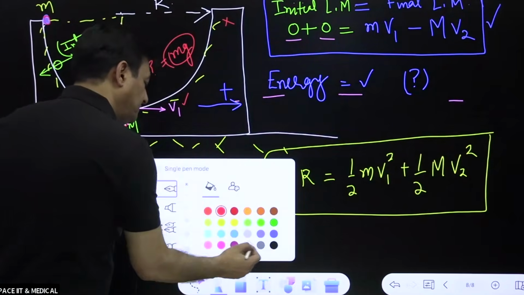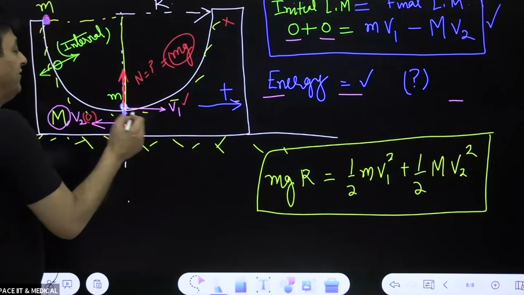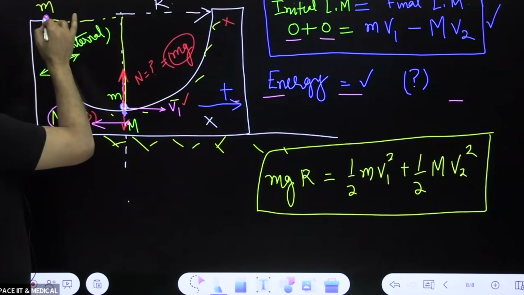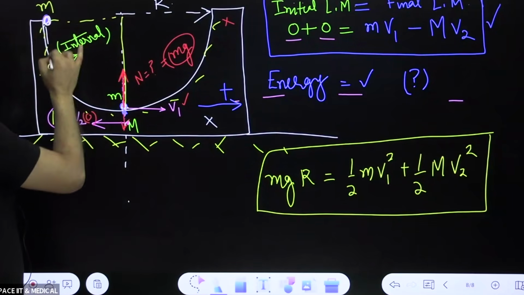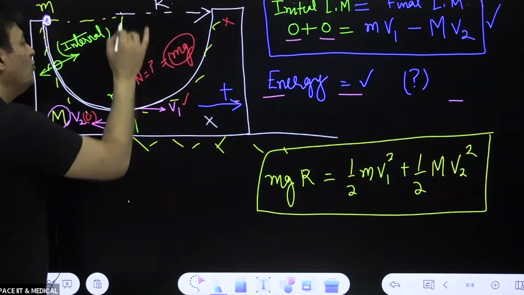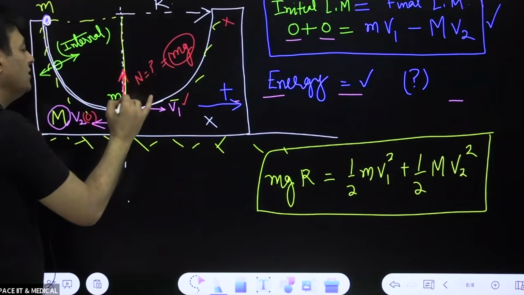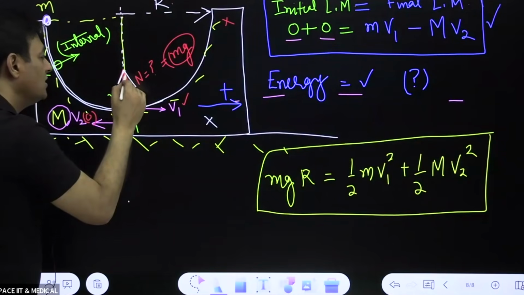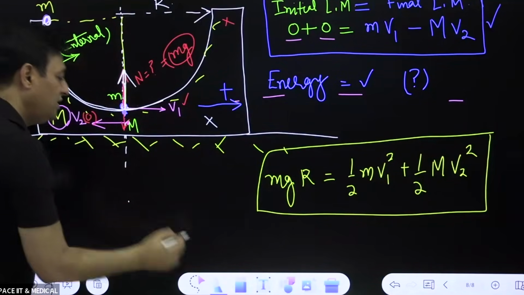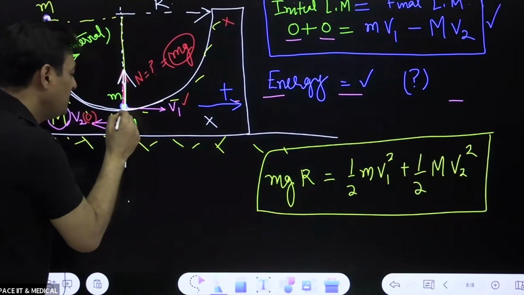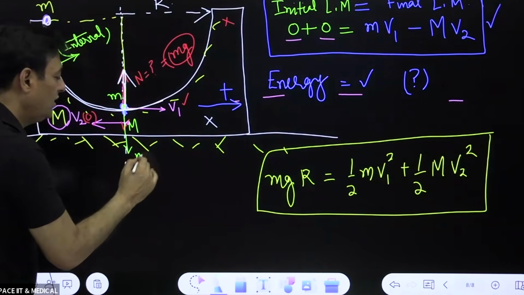See this. If this wedge is fixed, it is not moving. This body is doing pure circular motion like this. If it is doing circular motion, you know the radial direction is important. In the radial direction, one force is the normal reaction. The second force is mg, small mg, acting on the ball.